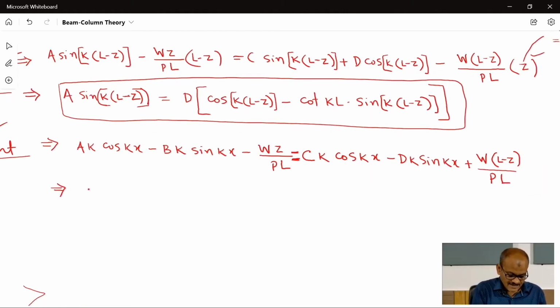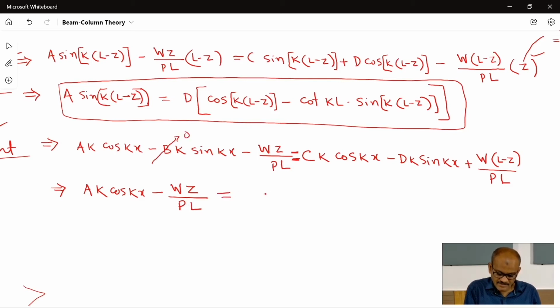This implies Ak cos kx minus Wz divided by PL, because this B becomes 0.